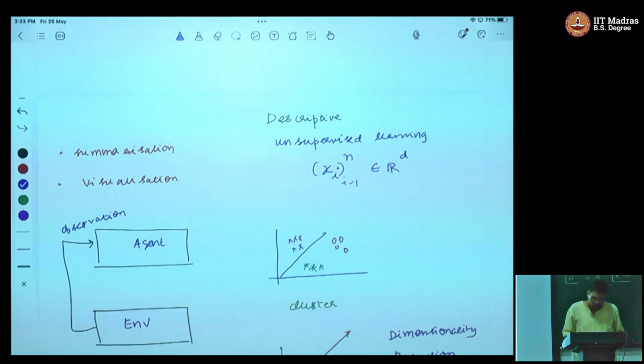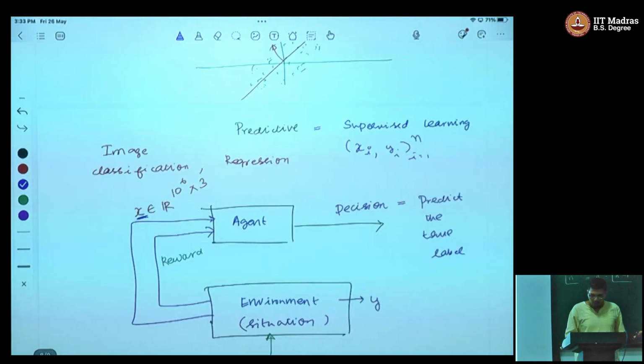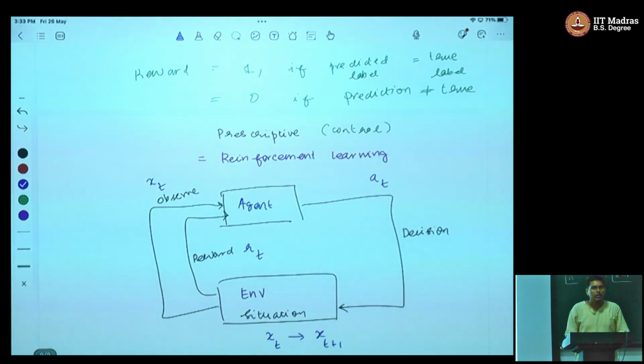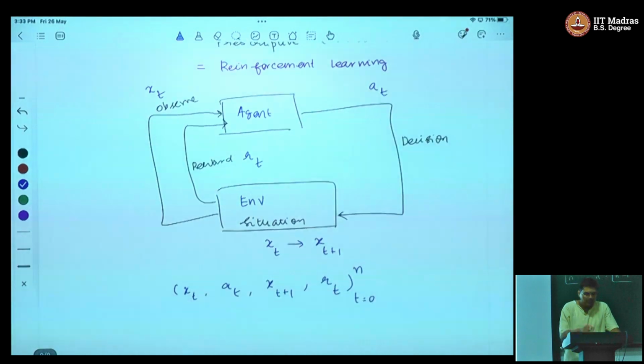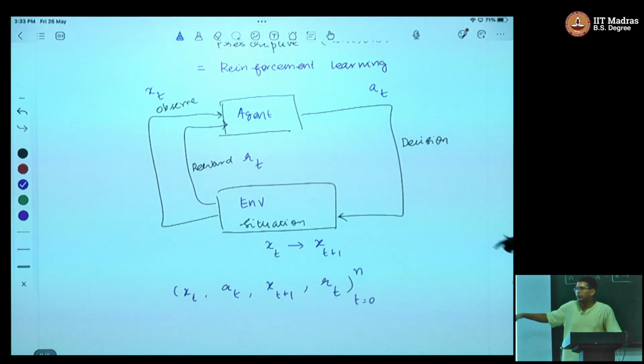In descriptive, you just need the observations, that's it. You can just group it and so on. You don't even have to predict anything. When you want to predict, you just have the true labels, end of story. When you want to really control or prescribe, when you want to really take control of the situation, you have to remember what did you see, what did you do, and what happened next because of what you did, and then how much reward you got.